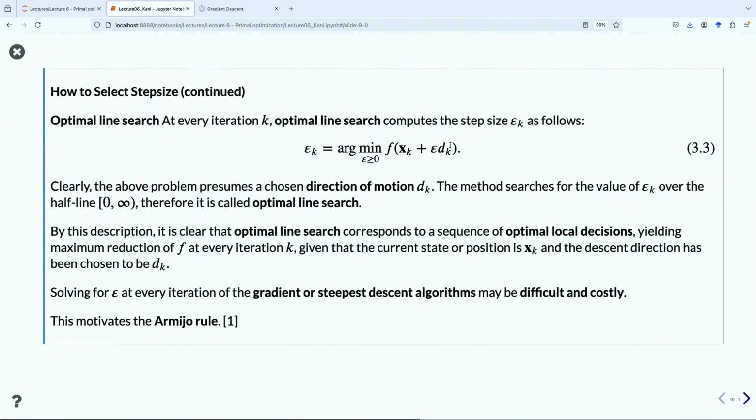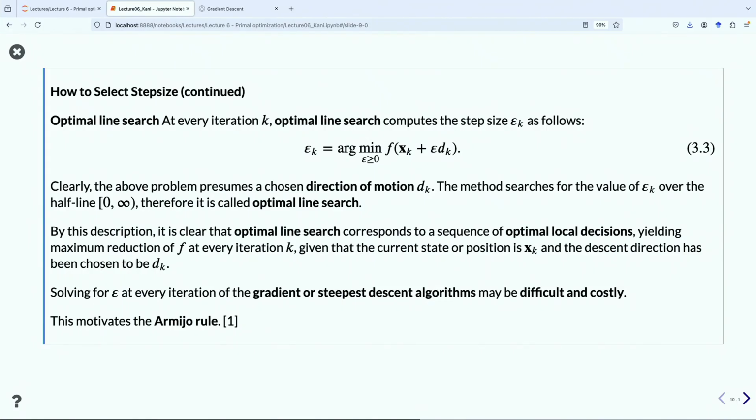We have the current value of the inputs. The only question is how far along that direction should we go?